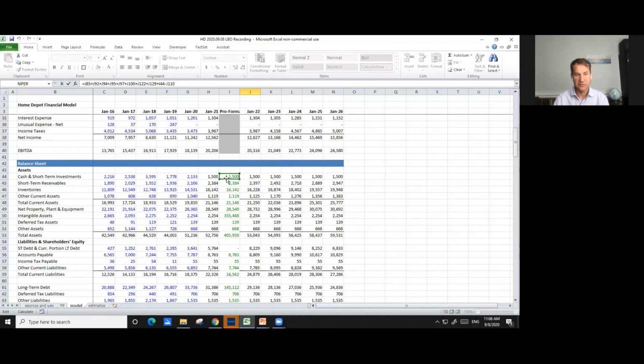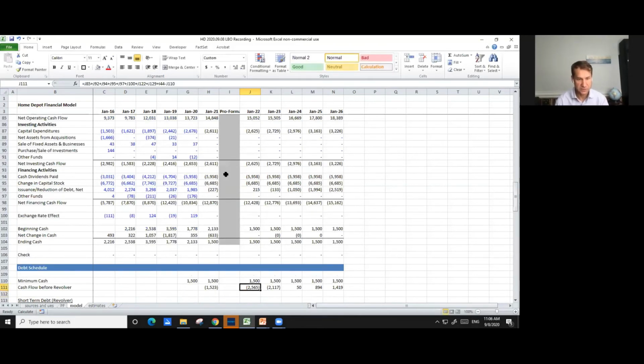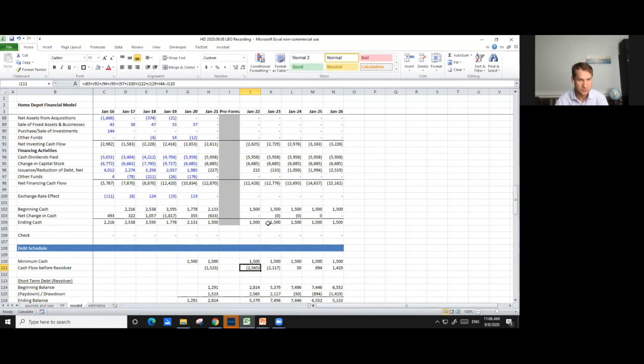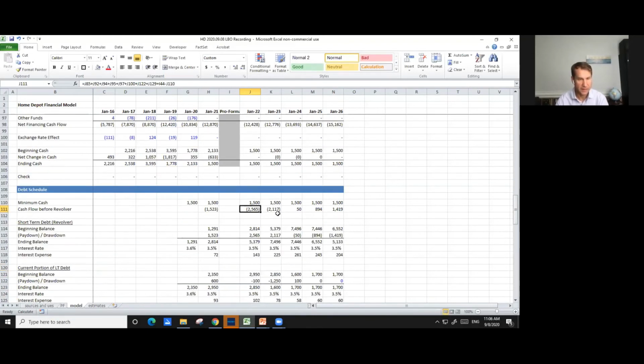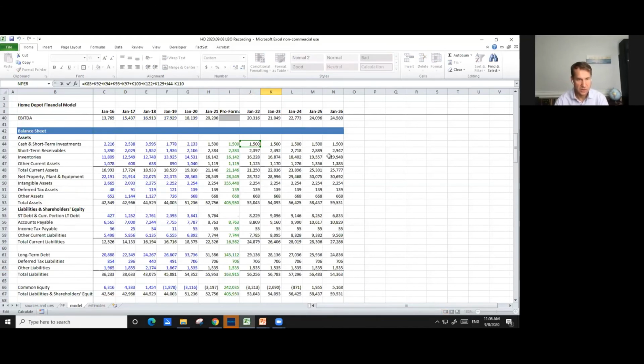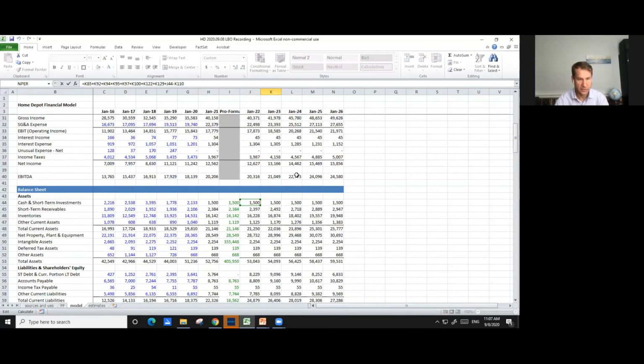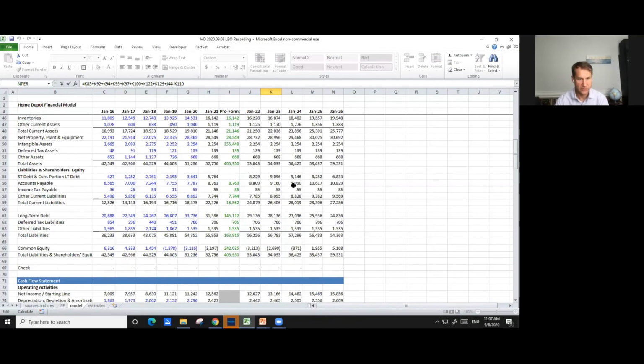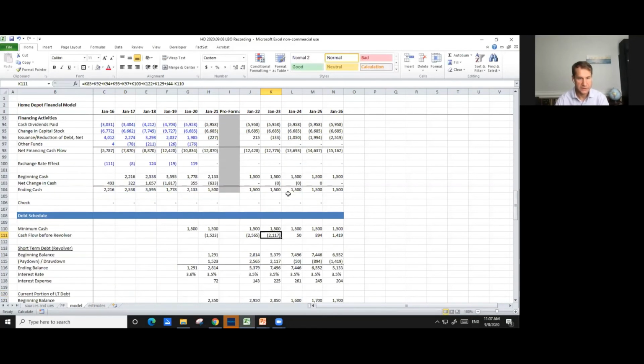So that one we have to adjust. And now we basically don't want to take anything from the old balance sheet. We want to use the new balance sheet. So I've updated that. But then after that, it should all flow. It picked up the right cells after that.